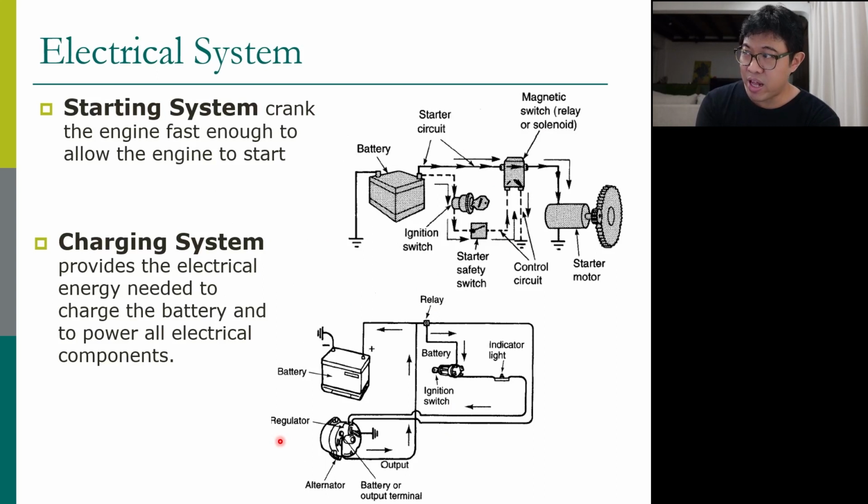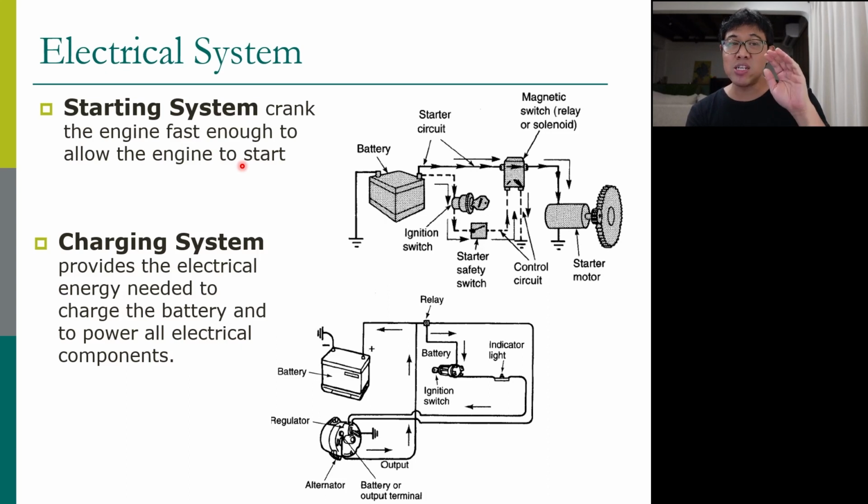We also have an electrical system inside the car, which is used to start the engine. The starting system cranks, so it rotates the engine fast enough for the engine to start. As I said before, the engine has an intake stroke. To create that intake stroke, you have to pull the piston down, or rotate the crankshaft.